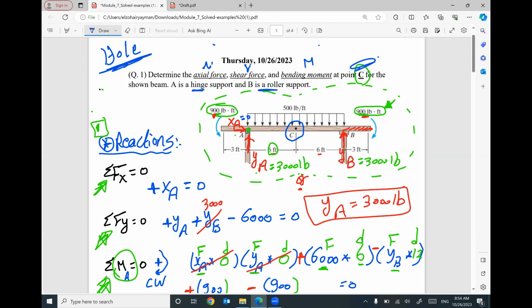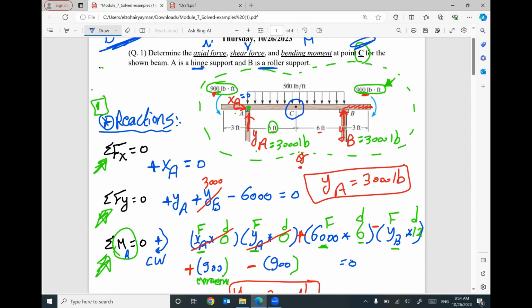Later, we will take more decisions, more calculations to figure out what is the best location to drill a hole for ducts, for pipeline, for electricity ducts, for any purpose. Point C will be the best location and the least risk for any failure.